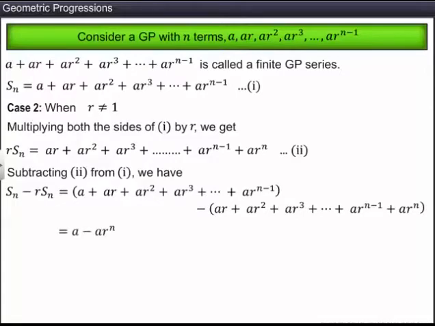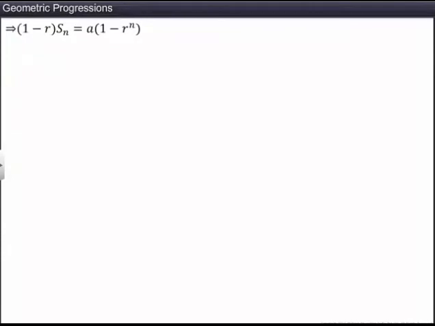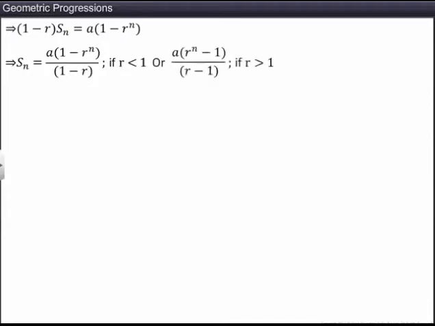This further implies (1 minus r) into Sn is equal to a into (1 minus r raised to the power of n), or Sn is equal to a into (1 minus r raised to the power of n) divided by (1 minus r) if r is less than 1, and a into (r raised to the power of n minus 1) divided by (r minus 1) if r is greater than 1.